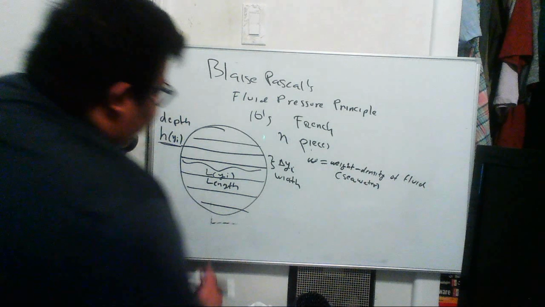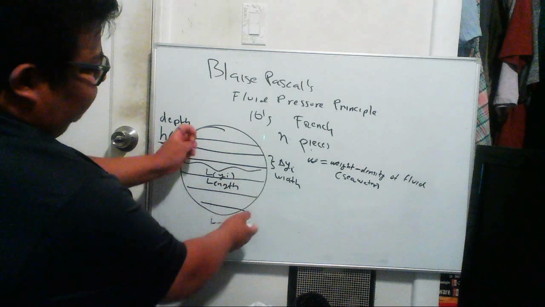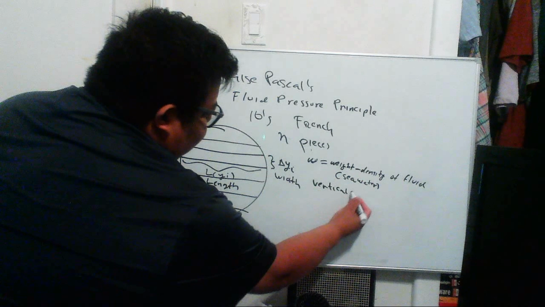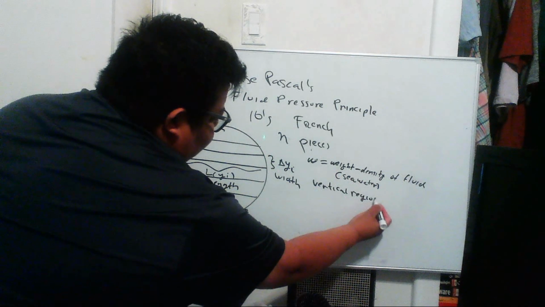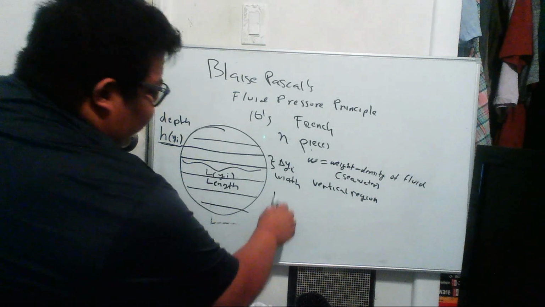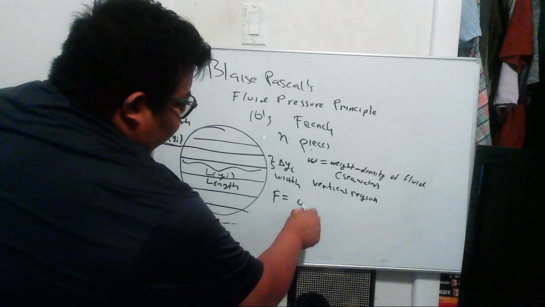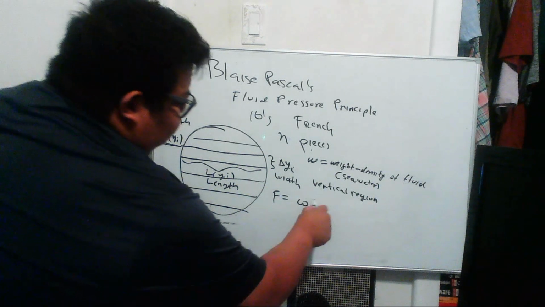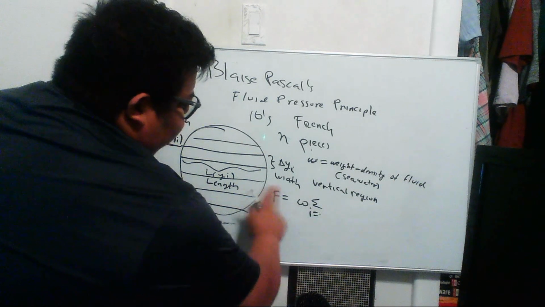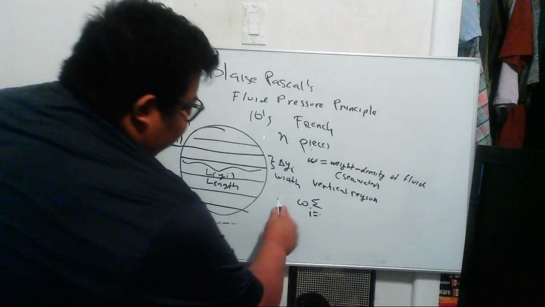So then if we sum up, for this region it could be any vertical region. So then the pressure is equal to the weight density times the sum. To make it exact, we're gonna take the limit.